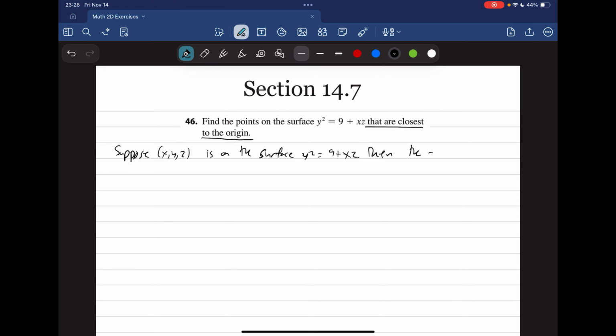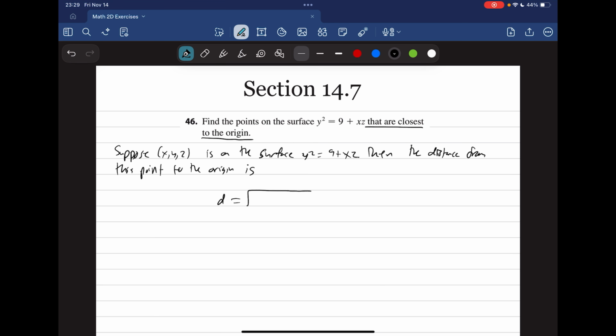Then the distance from this point to the origin is nothing more than d.